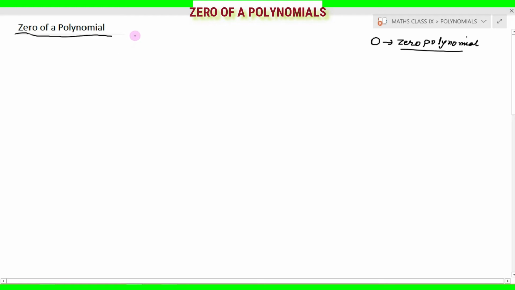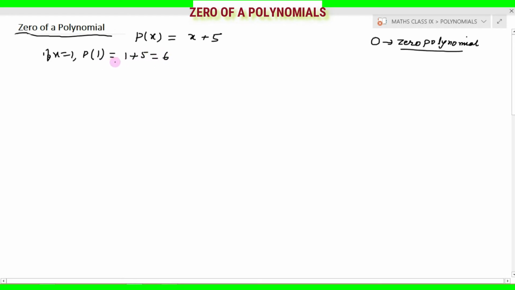Let the polynomial be p(x) equal to x plus 5. Now if we put the value x equal to 1, we get p(1), which is 1 plus 5 equal to 6.